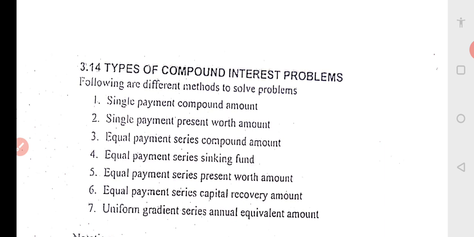The objective of this mode of investment is to find the annual equivalent amount which will be recovered at the end of every interest period, for a loan P which is sanctioned now at an interest rate of I compounded at the end of every interest period.